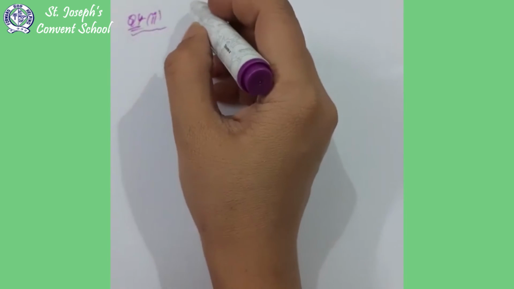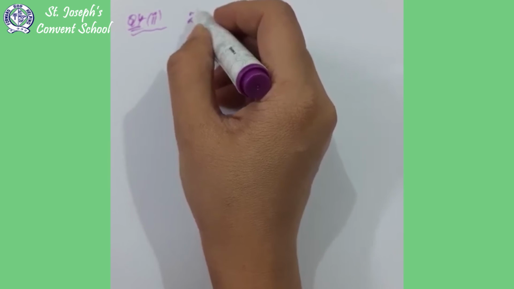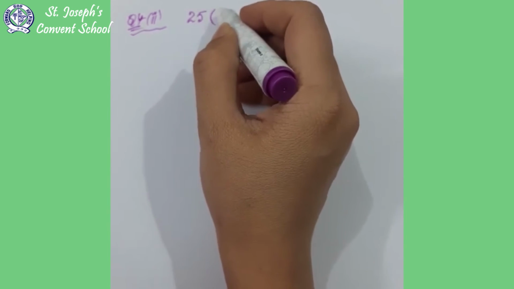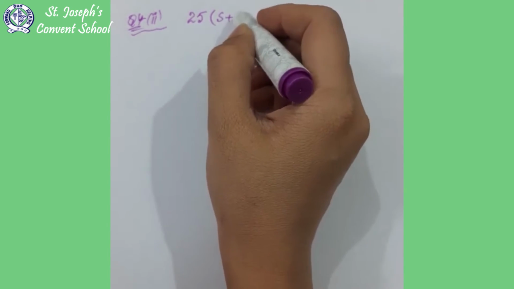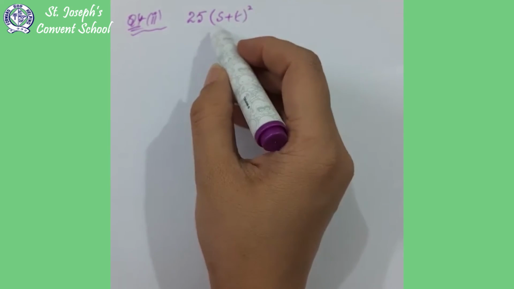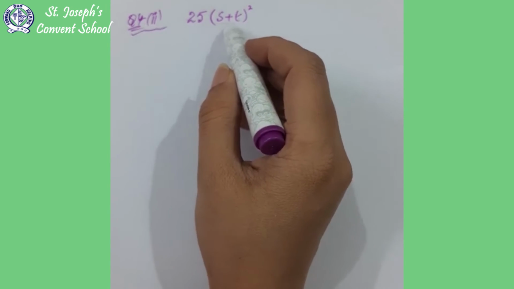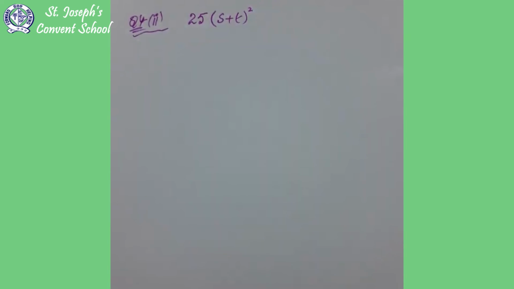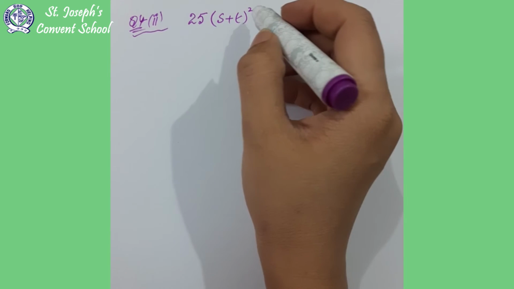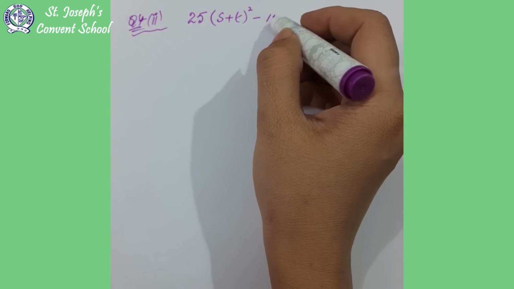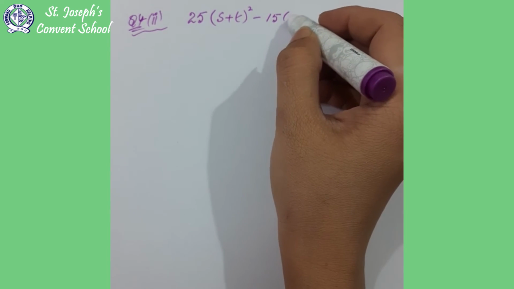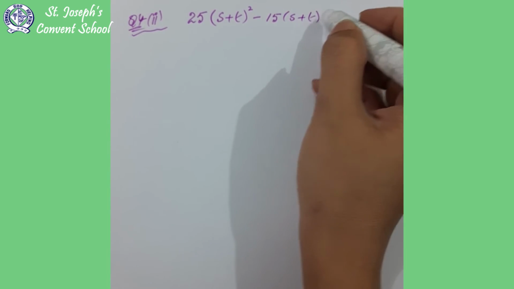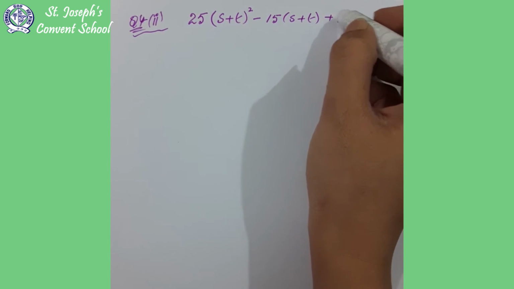Now in this question, 25 (s plus t) square. So instead of one term they have given the bracket. You have to consider this bracket as one term. Then minus 15 (s plus t) plus 2.